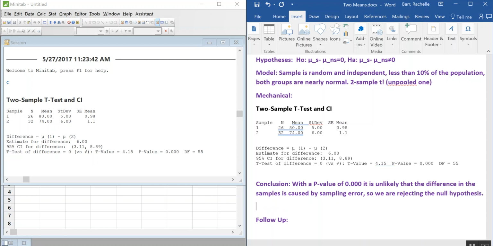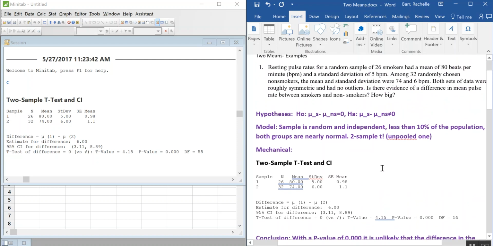All right, so that's great. That was the decision I made. Let's actually write the rejection. The evidence suggests that there is a difference in the average resting pulse rates for smokers and non-smokers.